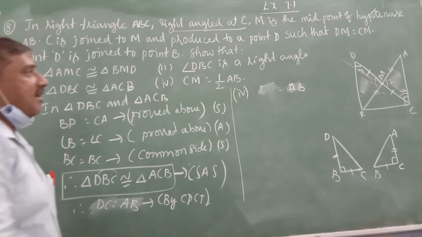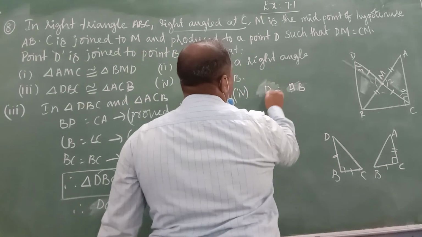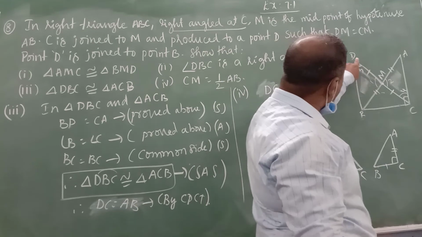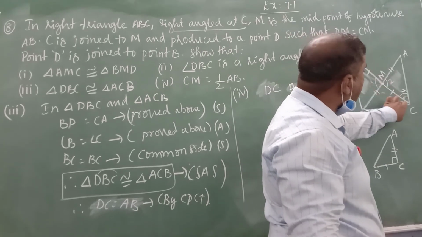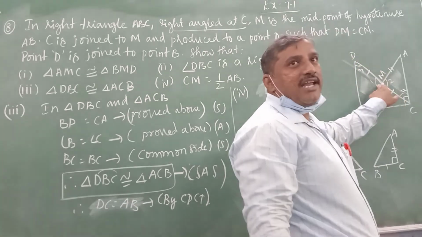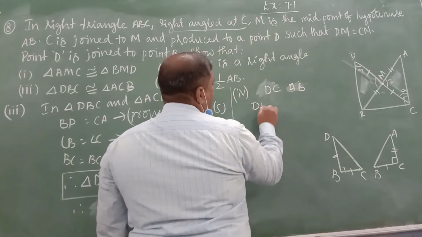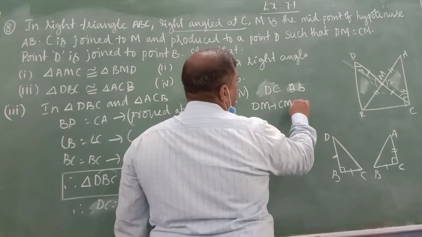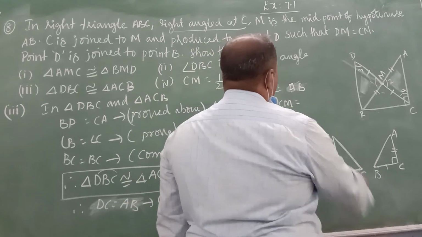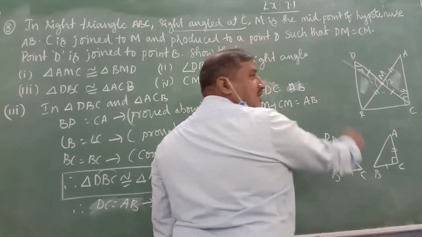So here DC is equal to AB. DC is equal to the length of DM plus the length of CM. Both are equal or not? That is DM plus CM, and that is equal to AB.